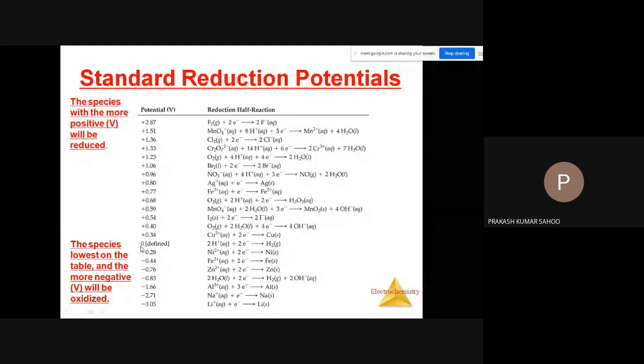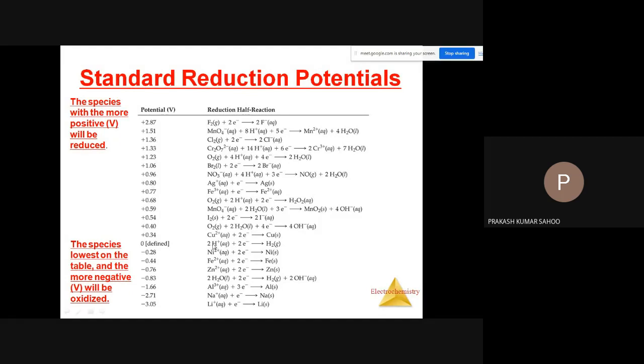That means if this hydrogen electrode is connected with any of these atoms or ions, there will be a difference in potential, which is shown by the voltmeter.